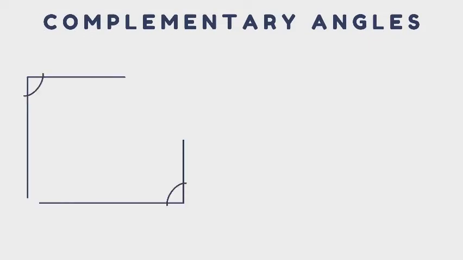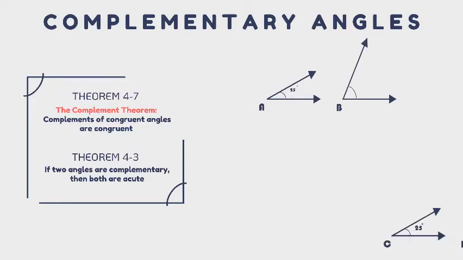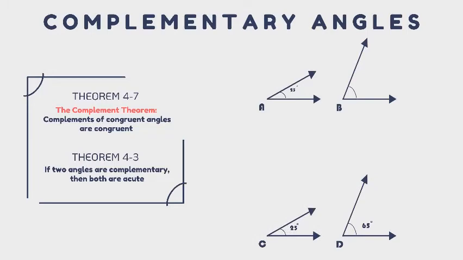According to the complement theorem, complements of congruent angles are congruent. Let's dig into that deeper. We will still use the example earlier, but we will add another set of complementary angles. Angle C that measures 25 degrees and angle D that measures 65 degrees. Okay, I want you all to pretend that angle B and angle D have unknown measurements.